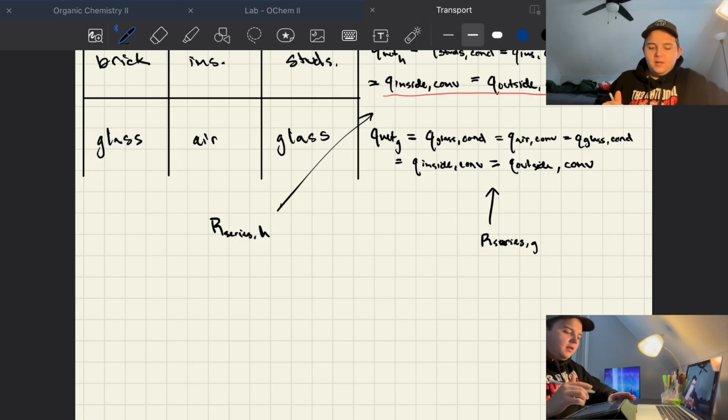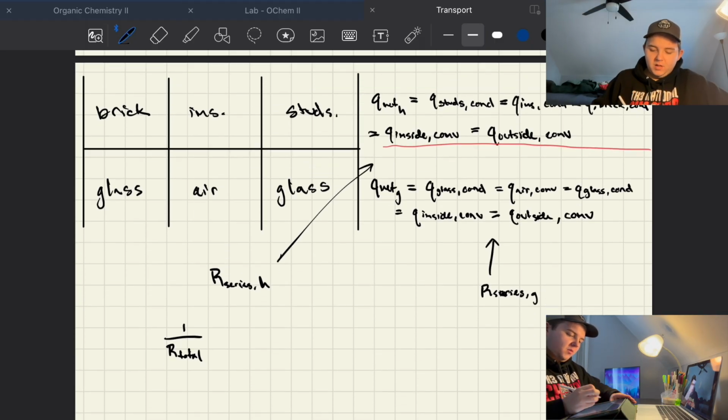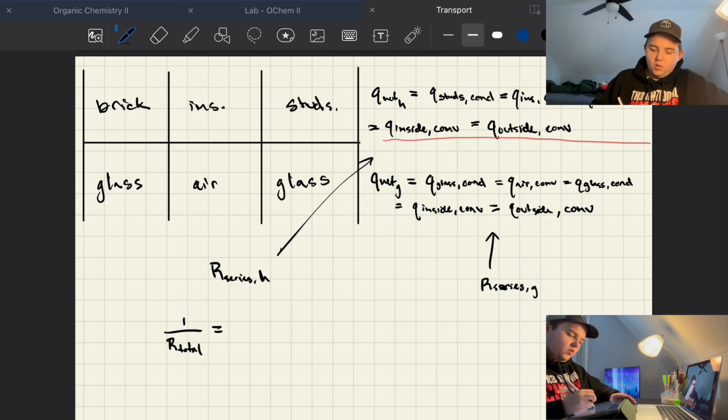Okay, now finally, just to find our R total of our whole system is going to be equal to 1 over, since we're in parallel, we got to, or series, we got to flip it. So we're going to have 1 over our total series house plus the same thing but with our glass.